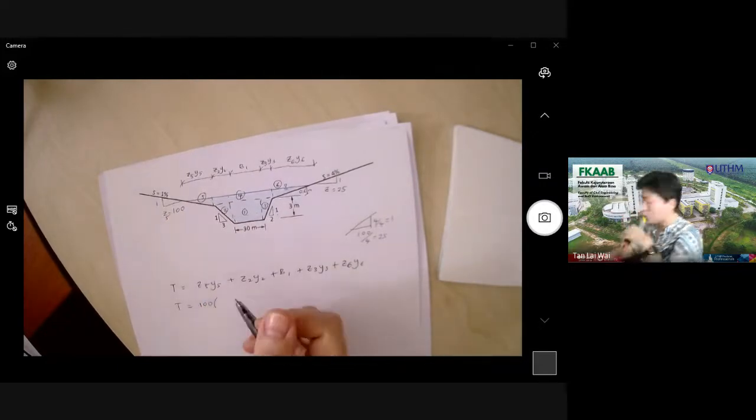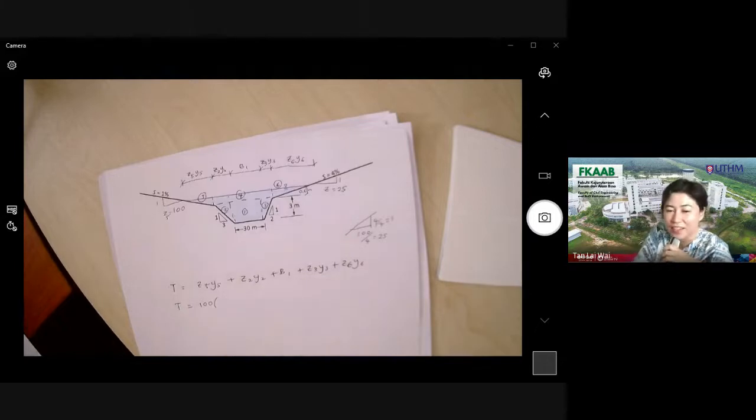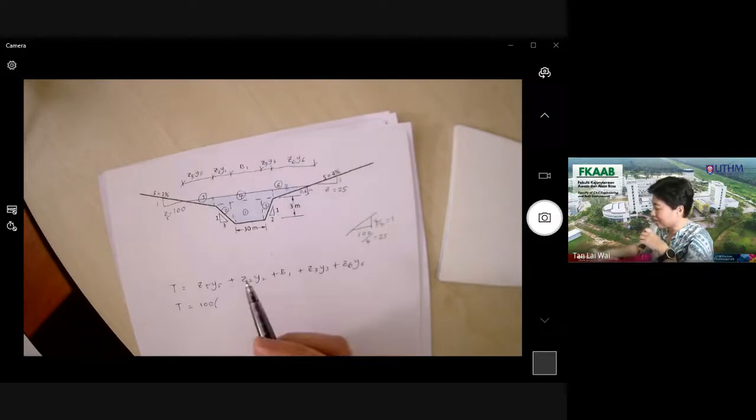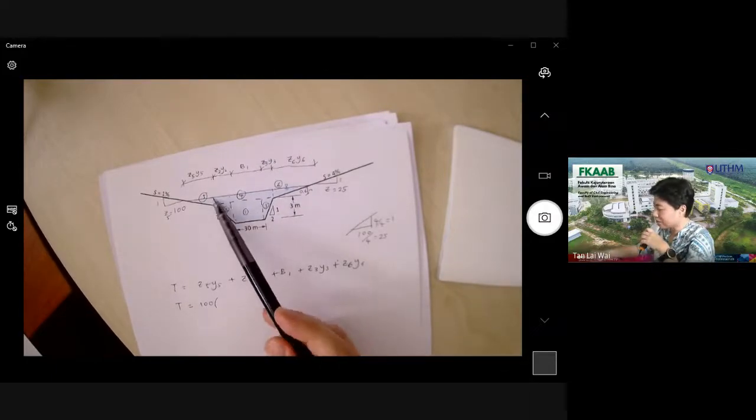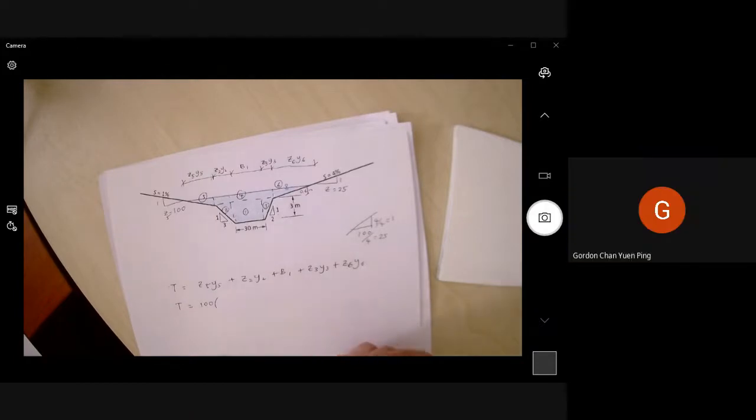Y5 is the depth of subsection 5. Gordon Chan. Yuan Ping, can I have the depth of 5? Subsection 5? 0.6. Okay, great.